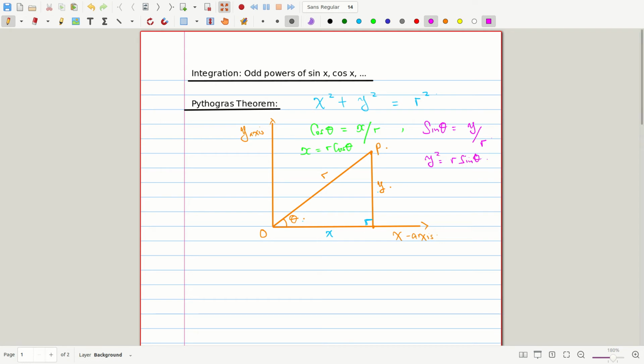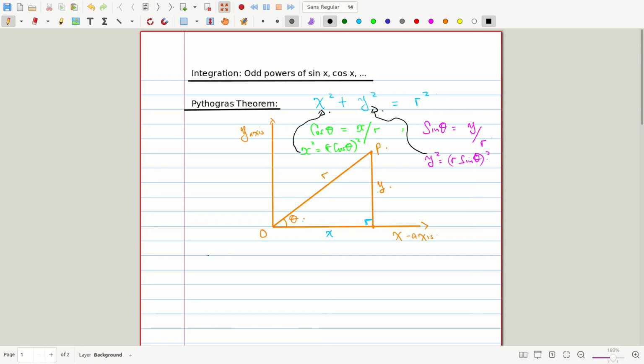So we can square both sides here, and we can square both sides of this as well. And then after doing that, we shall just make the substitution here. We substitute for x squared, and then we also substitute for y squared in here.